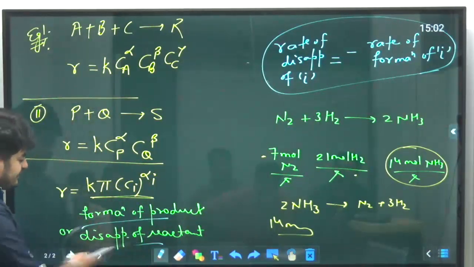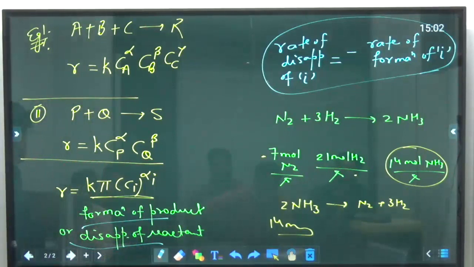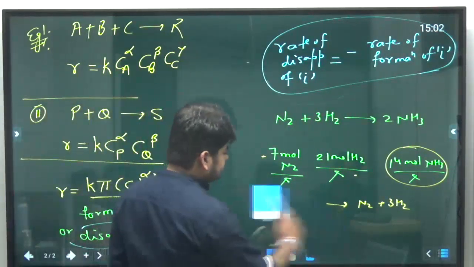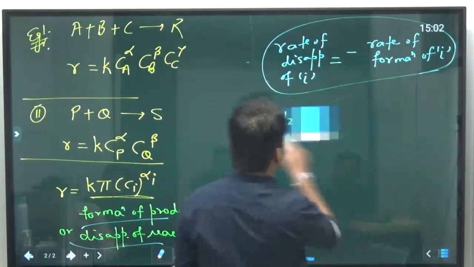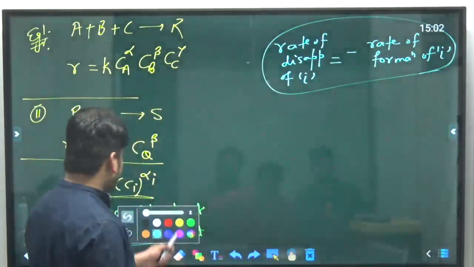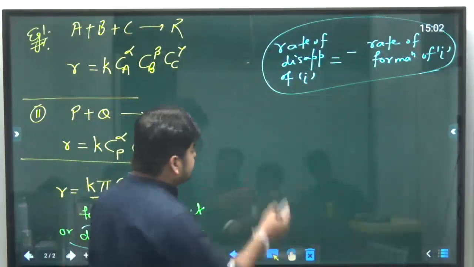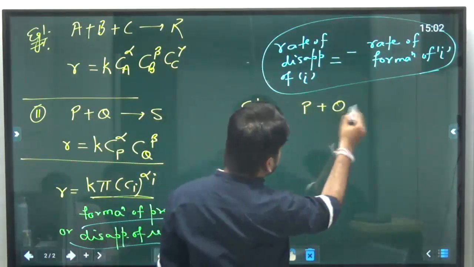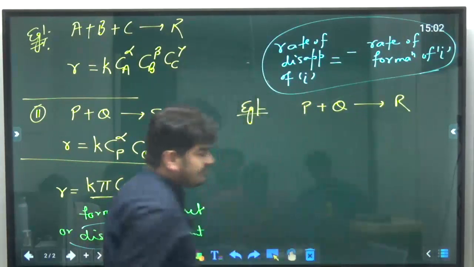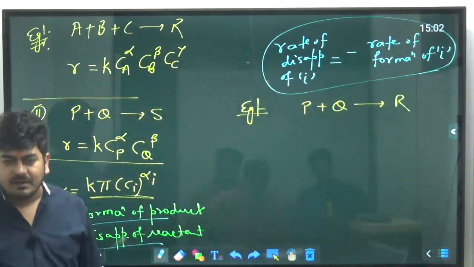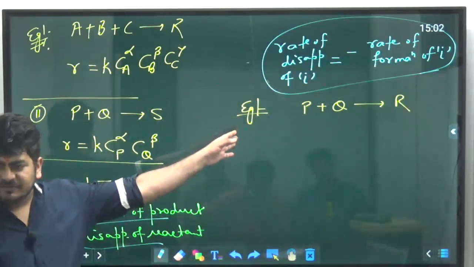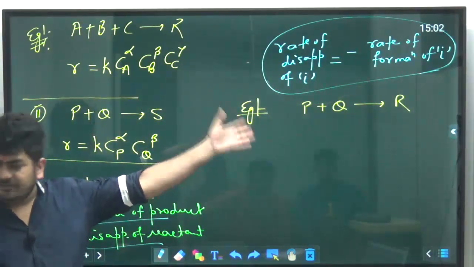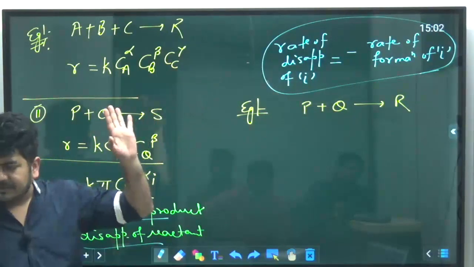Now what is the meaning of this statement? Let's understand. Suppose there is a chemical reaction P plus Q gives R, and as you can see the stoichiometric coefficients are 1, so rate of reaction and rate of disappearance of component and rate of formation of component will remain same.